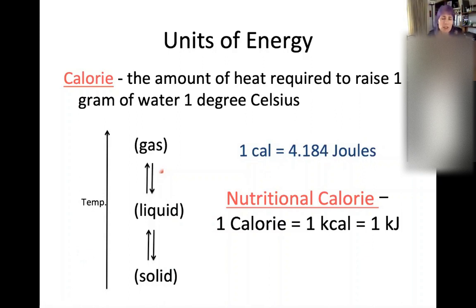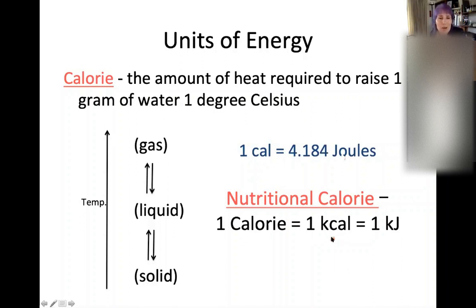For the units of energy, we use two, basically. We can use the calories or we can use joules. Joules is the SI unit. Joules are pretty small. It's a small amount. 1 calorie is a small amount of energy. When we look on the label of our food, we have a capital C, and that's actually a kilocalorie, 1,000 calories.